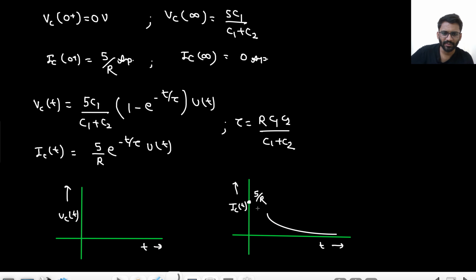From 5 by R to 0 it goes. And from 0 to 5 C1 it rises.